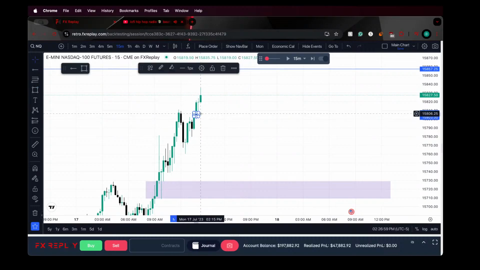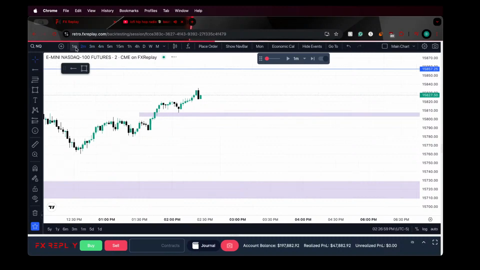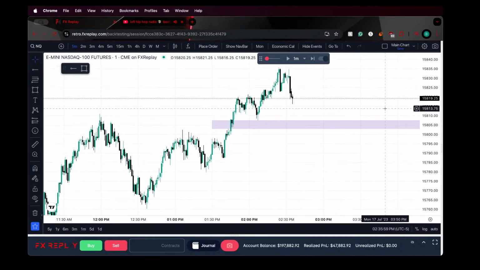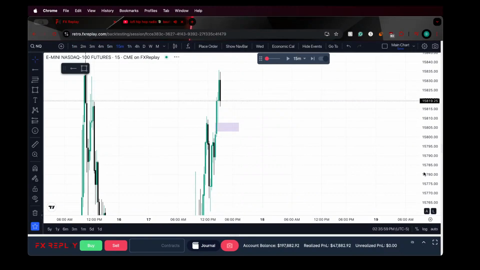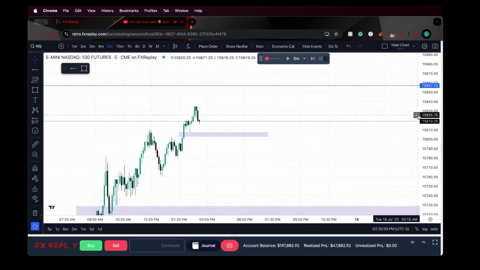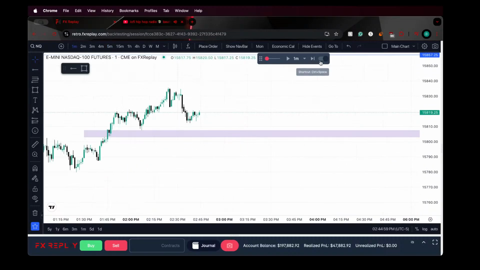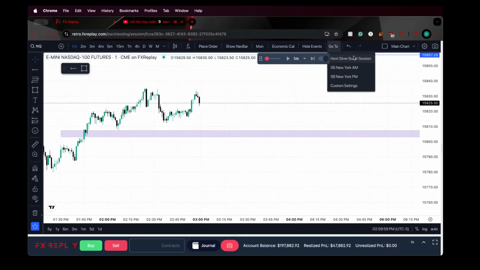Only way I'd long right now is if we come down, honestly, because I'm not really interested in anything right now until we get into a discount of a range. Considering it's 2:35, I doubt we'll get a trade, but I want to see it. Yeah, I want to see it tap that fair value gap. A whole lot of nothing.